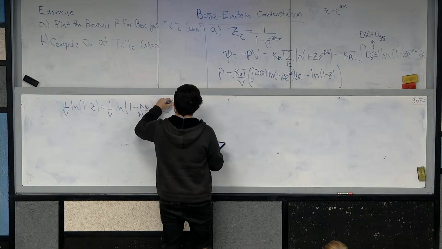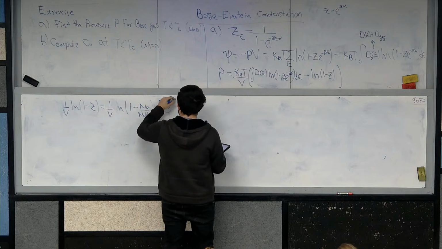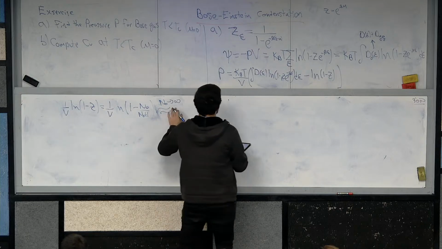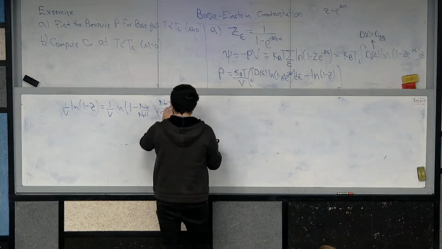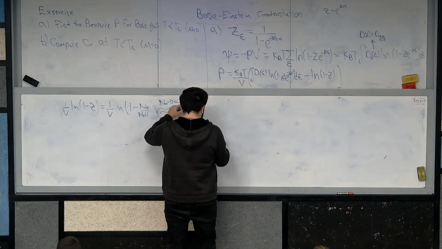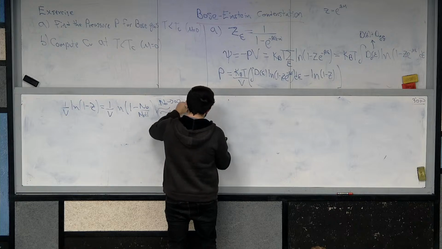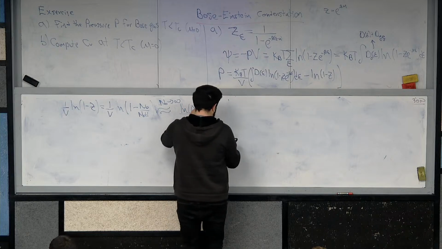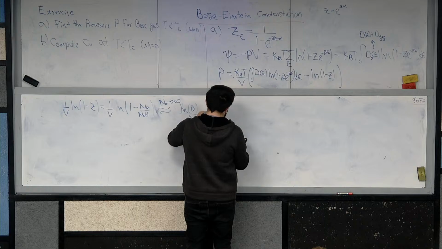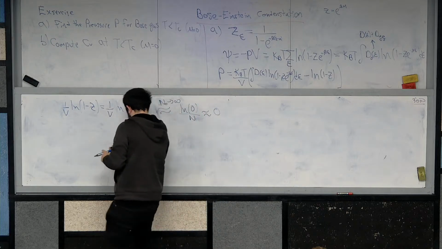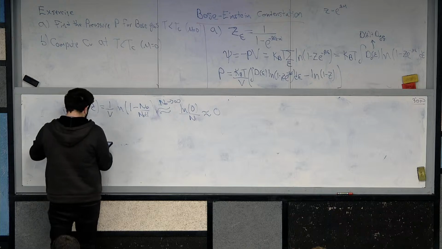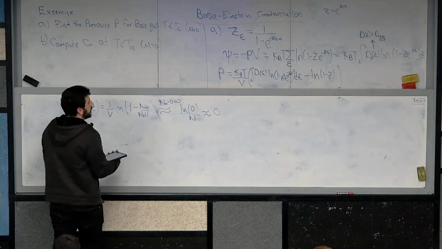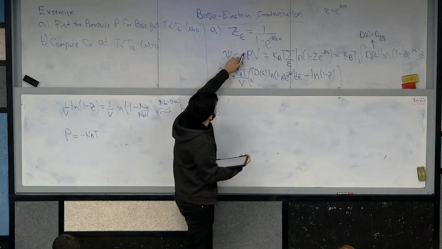And for a very big number of particles sitting in the ground state, this doesn't contribute anything to my integral, so this would be 0. And then the pressure is minus kB. I forgot a minus here that is coming from this.